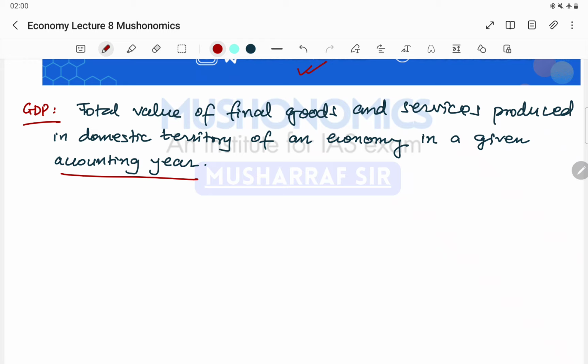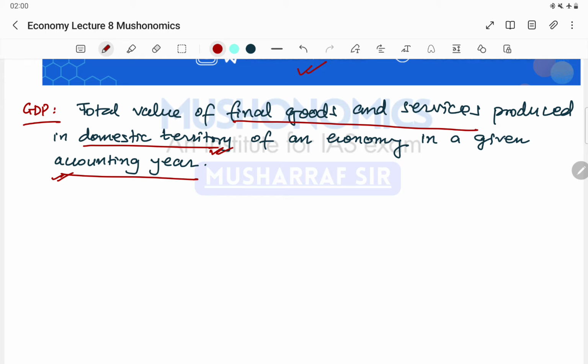Then we started discussing concepts hidden in this definition. We talked about accounting year. Now we can talk about domestic territory and final goods and services. If we understand these three concepts, then we will be in a better position to understand the definition and the concept of GDP. In the last class we discussed accounting year in detail.